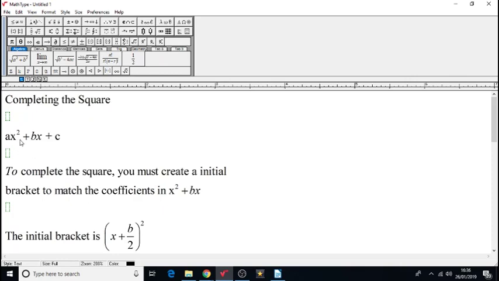This is going by if a is equal to 1. So when you're completing the square, this is the method that you'd use when your quadratic equation begins with x squared. There'll be questions where you will have to solve by completing the square, but the coefficient of x squared, so that means a, might not equal 1, it might equal 2.